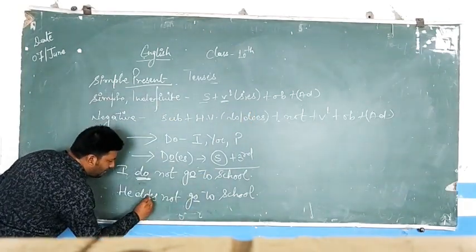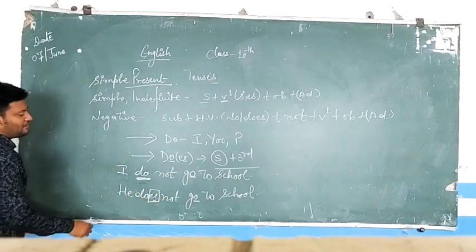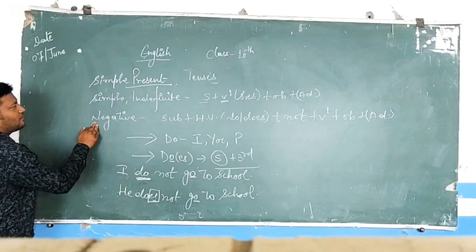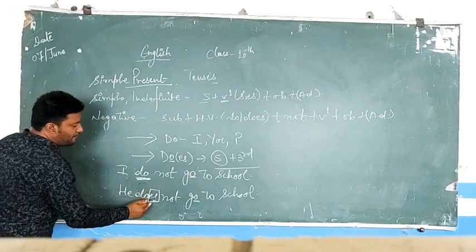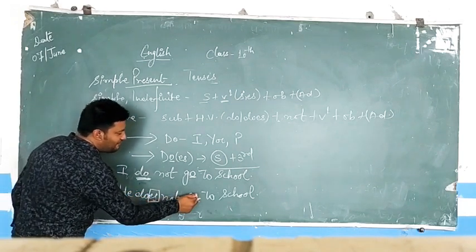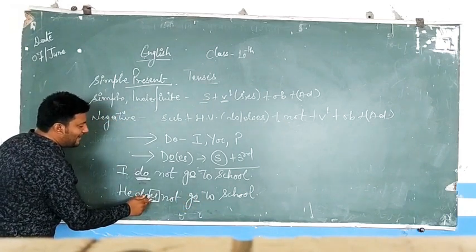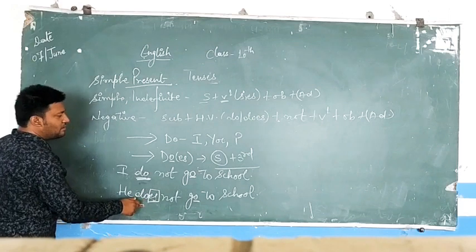Why? I already put es in my sentence in the negative one. So I will not put es in the main verb because I have already put es in my helping verb.